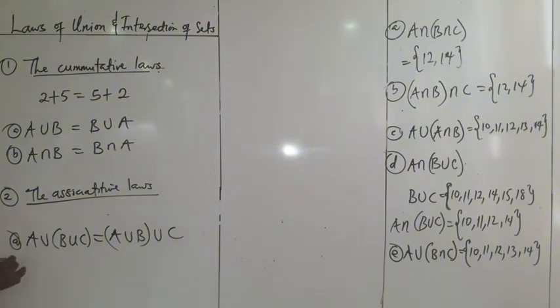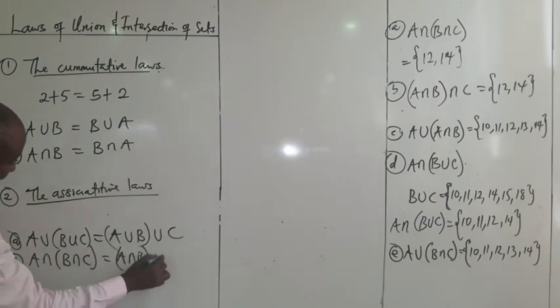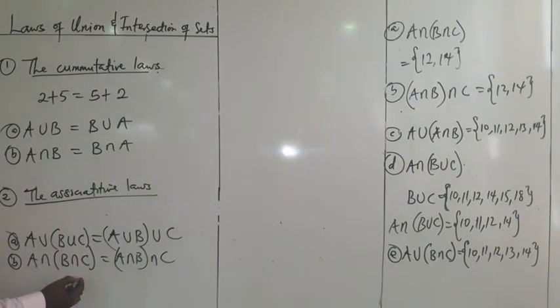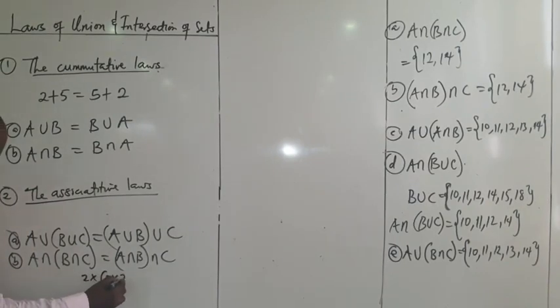So you have A intersection, in bracket, B intersection C. I'm still saying A intersection B, intersection C. This is what we call associative law.